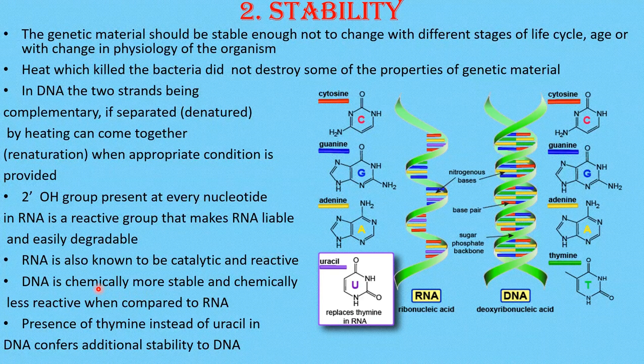DNA is chemically more stable and less reactive when compared to RNA. DNA is stable and less reactive, RNA is unstable but more reactive. These points, keep in your mind.